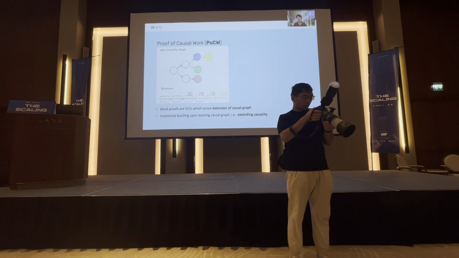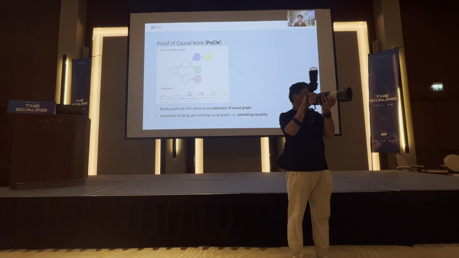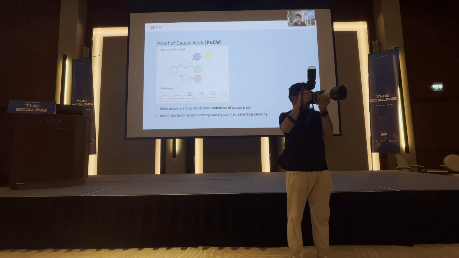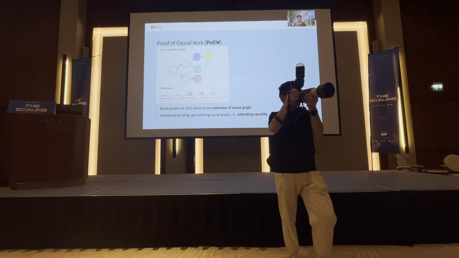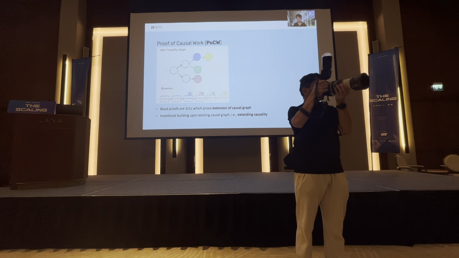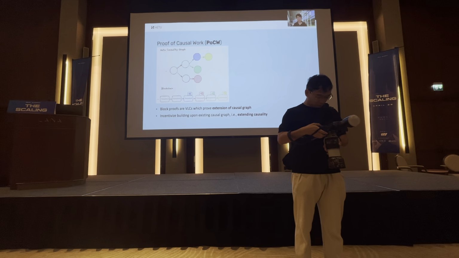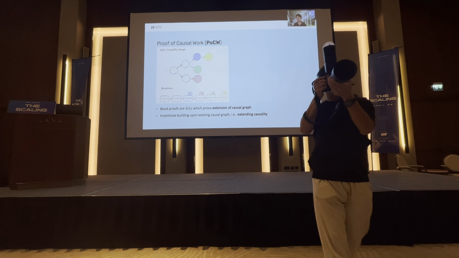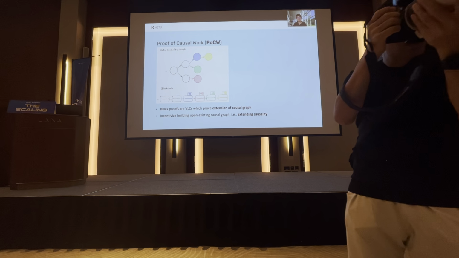Building on top of our verifiable logical clock and causal graph, we built a new type of consensus protocol called proof-of-causal-graph. This is very different from traditional blockchain consensus like proof of work, where nodes just perform, for example, a hashing algorithm.